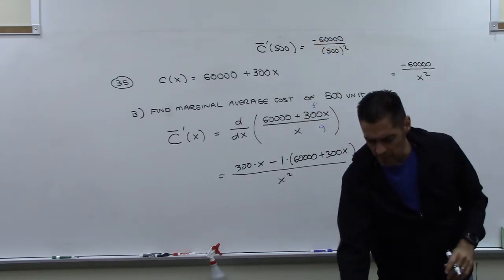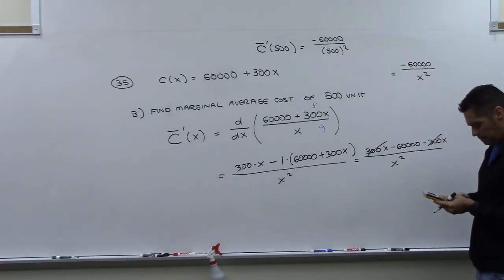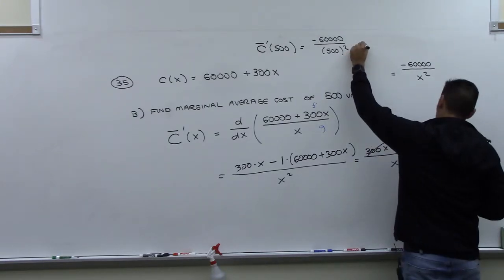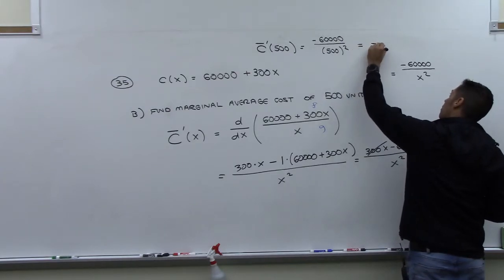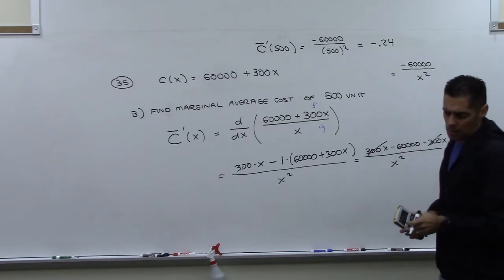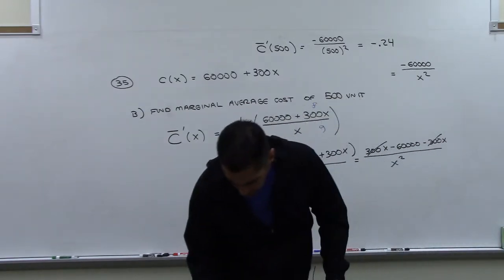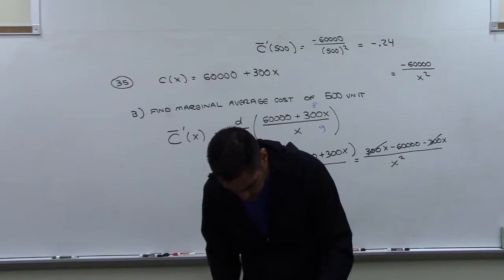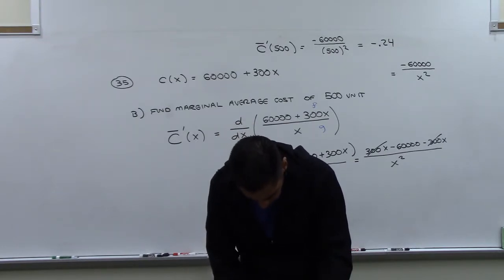And I'll just do that on my calculator real quick. I get exactly negative 0.24. All right, let me just double check that there. This is number 35.